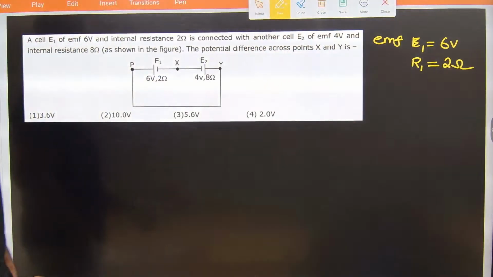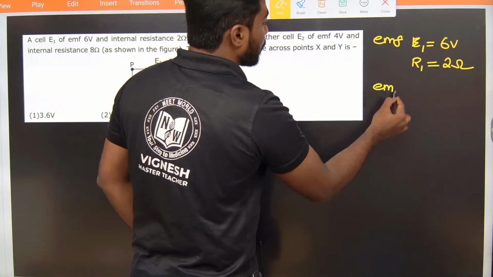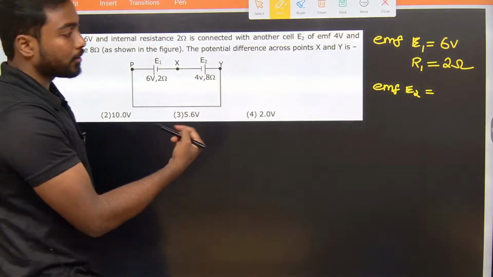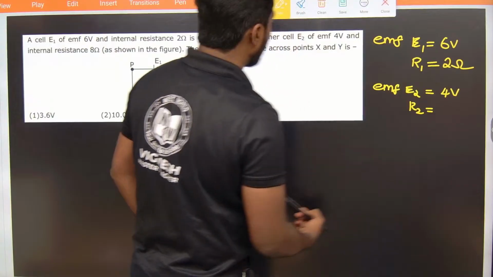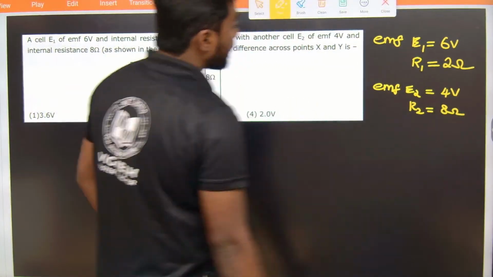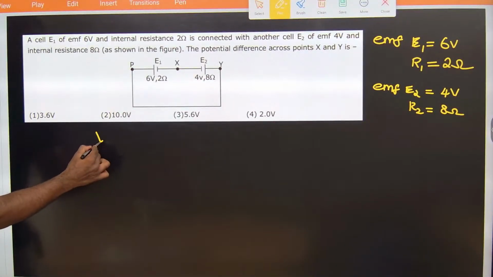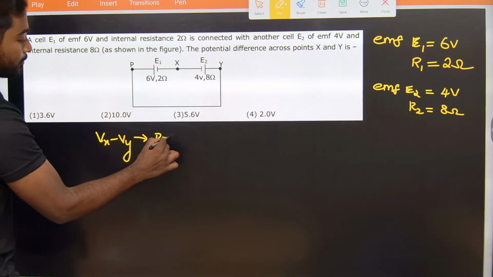Whereas for the second one, EMF E2 is equals to 4 volt, and R2 is equals to how much? 8 ohms. I need the potential difference across the points x and y. So Vx minus Vy is the potential difference.